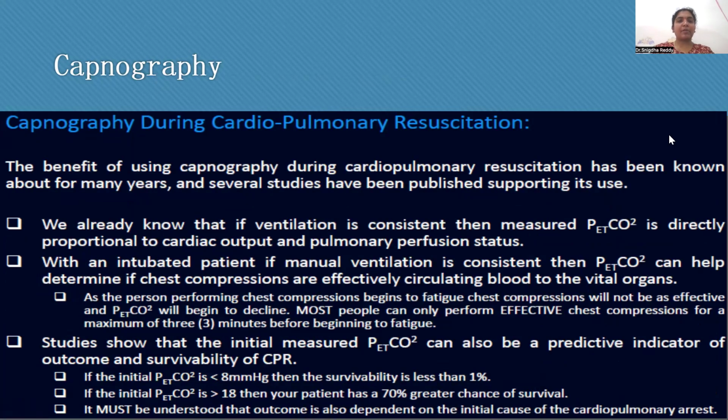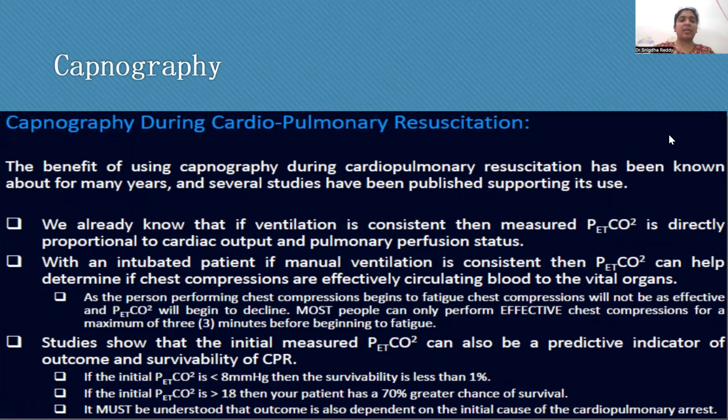Capnography during CPR has lots of benefit, and several studies have been published supporting its use. With an intubated patient, if manual ventilation is consistent, then EtCO2 can help to determine if chest compressions are effectively circulating blood to the vital organs.